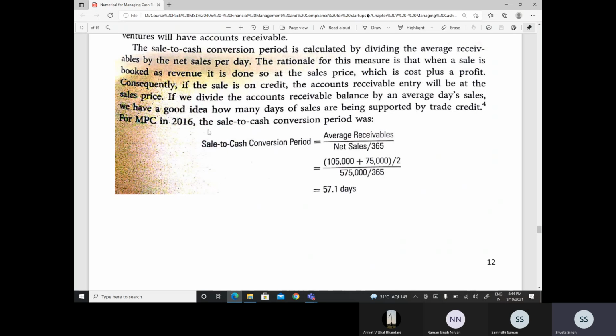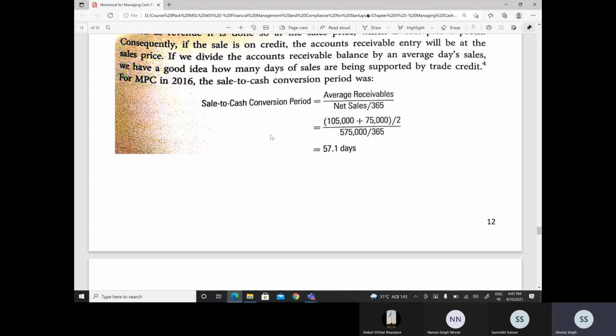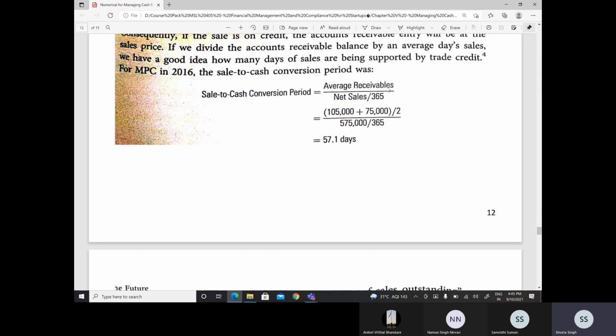So for MPC in 2016, the sale to cash conversion period can be calculated as average receivables upon net sales divided by 365, or daily net sales. So average receivables, we have the opening and closing figures. That is opening plus closing divided by 2, or the 2 years figures divided by 2, divided by the net sales per day.